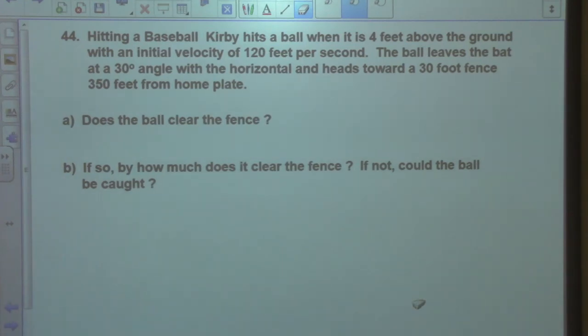In this case, they don't give you the equation, right? So I want you to see if you can piece together that equation from looking at problem 43 and see how we do on that. And I'll call on somebody here in a couple minutes.